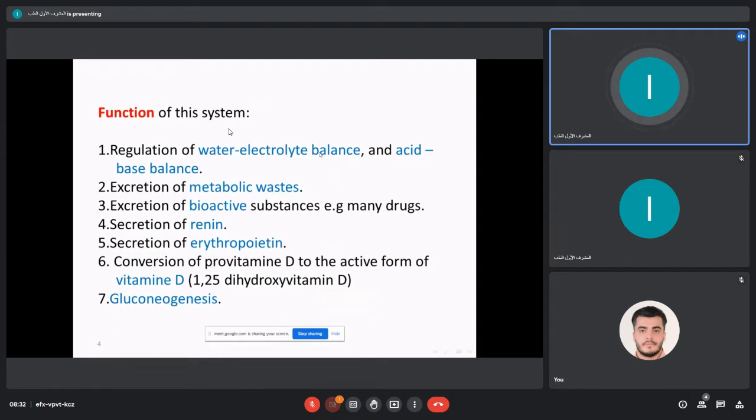Therefore, it functions to regulate the acid-base balance and water electrolyte balance, excretion of metabolic waste products and certain bioactive substances such as many drugs, secretion of renin, which is important to regulate the blood pressure and maintain an optimal glomerular filtration rate, secretion of erythropoietin, which is a growth factor that stimulates the production of erythrocytes in the bone marrow, the formation of the active form of vitamin D, and finally gluconeogenesis, which is the production of glucose from amino acids.